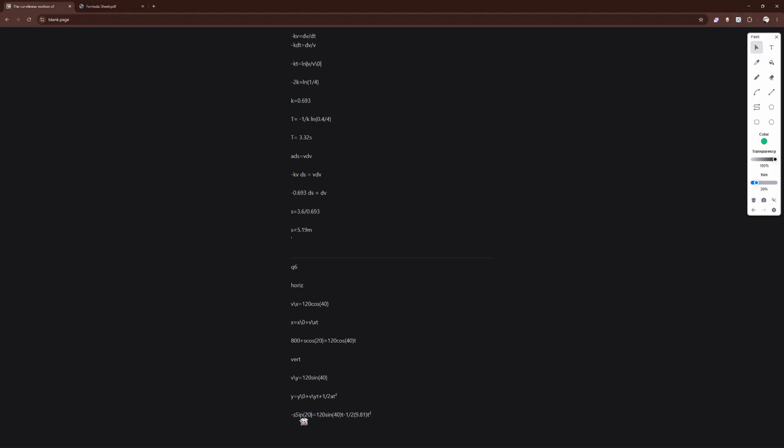Divide out by negative sine 20 on both sides, and then plug in s to this equation. Solve for t. Since it's a quadratic, you're going to get two values for t, by the way. You're going to get 3.04 and 19.50. These are both in seconds.